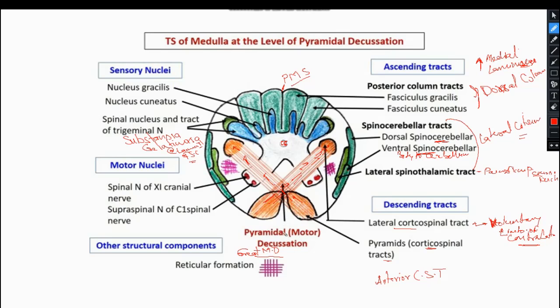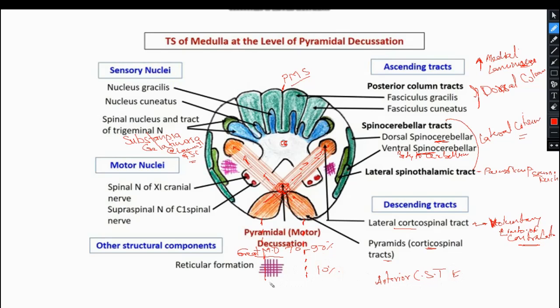About 70 to 90% of the fibers decussate. The decussation takes place here, but about 10% of the fibers don't decussate, they move downward this way. The fibers that do not decussate run ipsilaterally, and they form the anterior corticospinal tract.